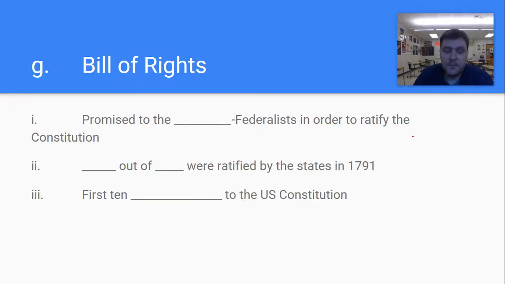So the Bill of Rights was promised to the Anti-Federalists. If you ratify, then we'll give you a Bill of Rights. The Bill of Rights were proposed in this year, and it took the states 2 years to ratify them.